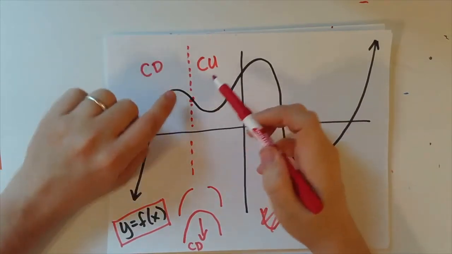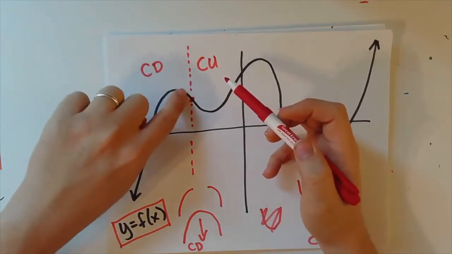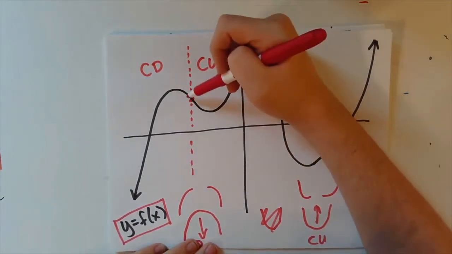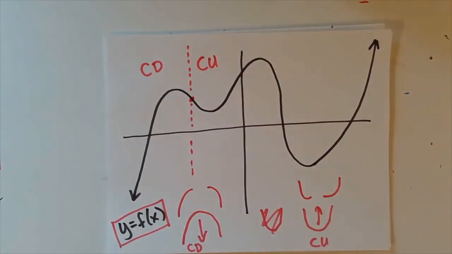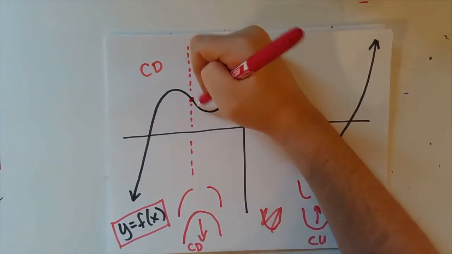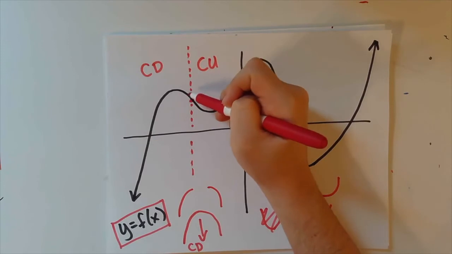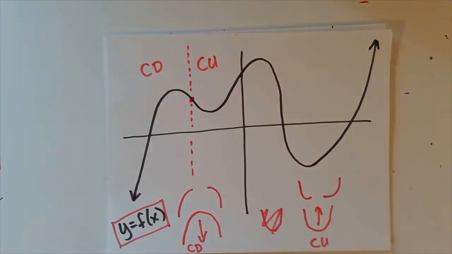You can see the downward pointing U and the upward pointing U, and there's a point in the middle. Look for the point where the graph is straightest to find the inflection point. It looks almost like a straight line right near this point, so that's where my inflection point is.